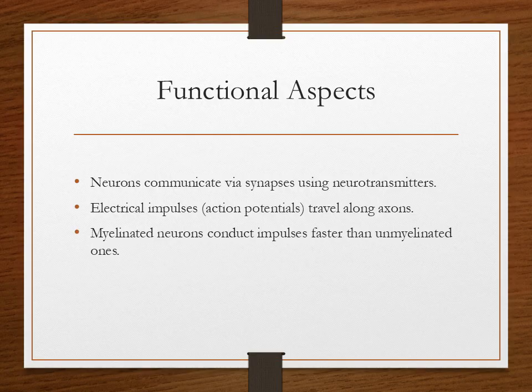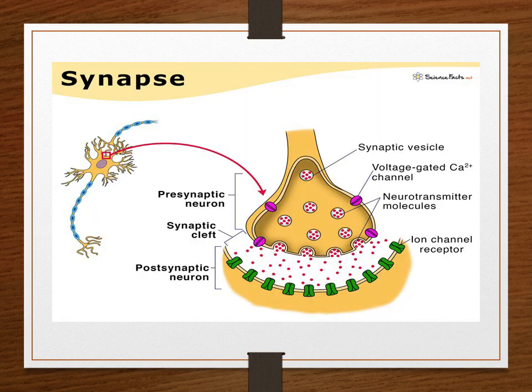And the myelinated neurons will conduct impulses faster than the unmyelinated ones. So this is the image of a synapse. Here we can see how between one axon and the other, which can be a muscle or a neuron, a synapse is being formed. So we have the end, which is called the presynaptic neuron, then the synaptic cleft, and the postsynaptic neuron.